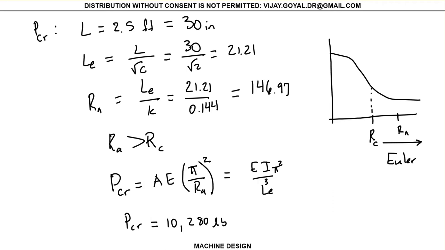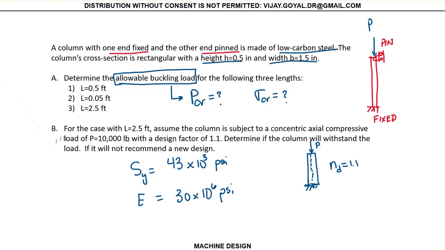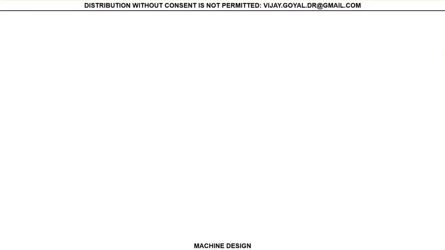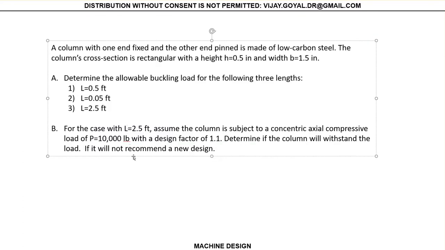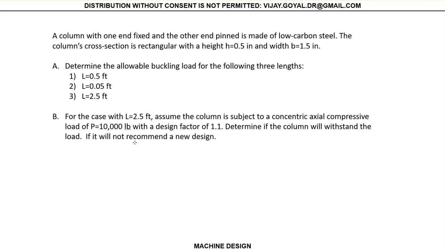Okay, so now let's go to the second part of the problem. The second part of the problem states the following. Now let's go with the last case, for which we know that the critical load is given by 10,280 pounds.